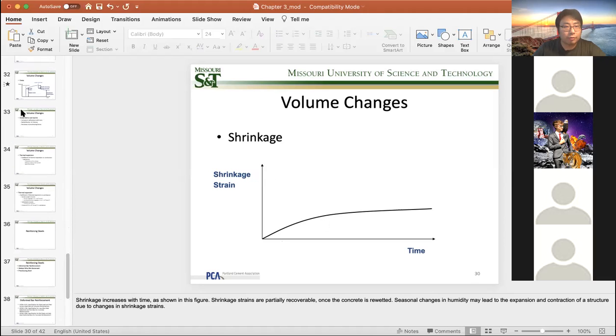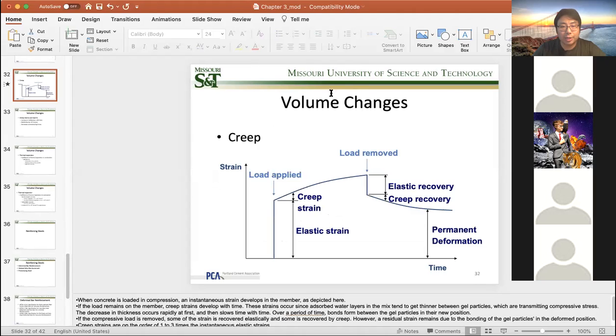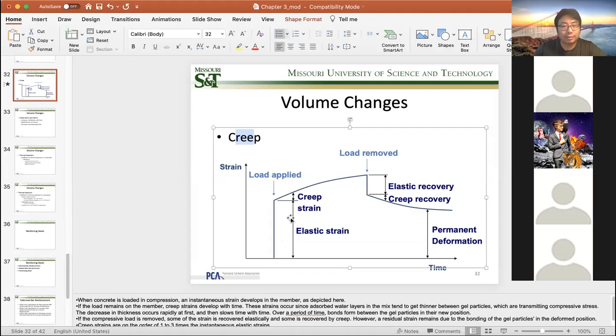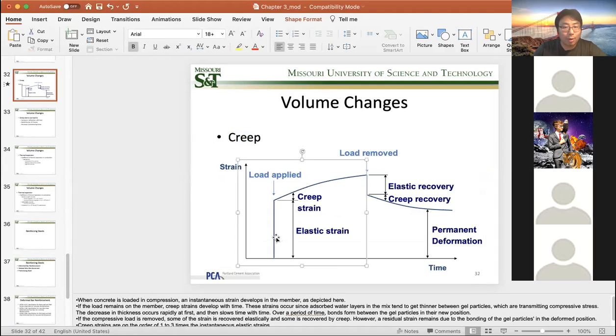For the volume change, the other more important factor is creep. For now, I want you to know that there's a certain threshold. You apply a load, and at first nothing changes, until you reach a certain threshold, and you immediately see a creep strain, and this strain is the elastic strain. If you keep loading it, keep putting pressure on it, it gradually increases more and more.